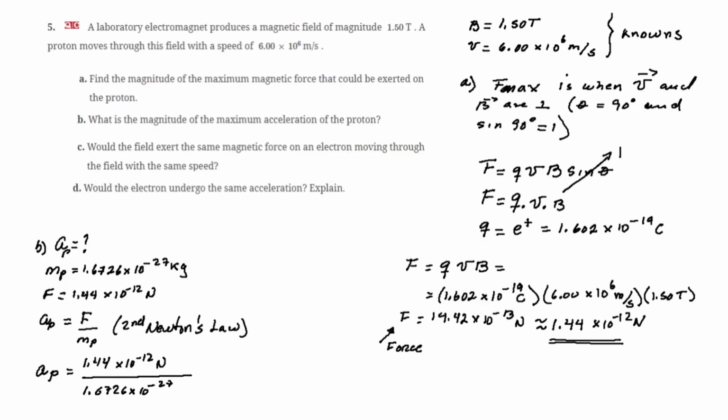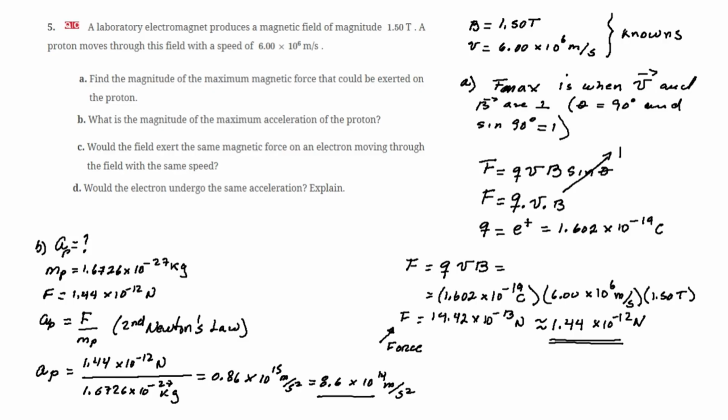If you calculate the acceleration now, we get 0.86 times 10 to the 15 meters per second squared, or in scientific notation, 8.6 times 10 to the 14 meters per second squared.